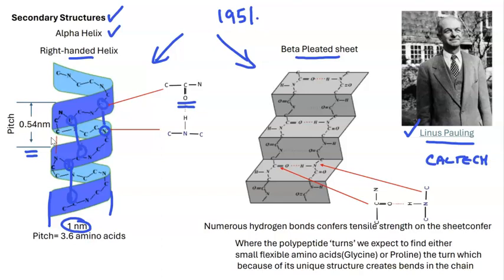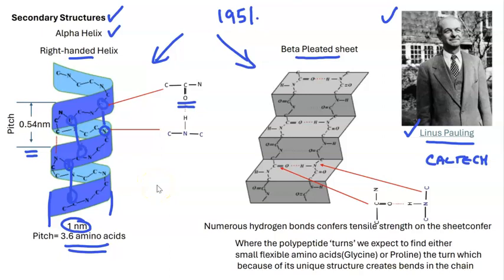That is the repeating of the coils. Within each of the turns of the helix, within the pitch, there are approximately 3.6 amino acids. These details were all determined by Linus Pauling using surprisingly low-tech methods of a protractor, a ruler, a piece of paper, and some sticky tape.